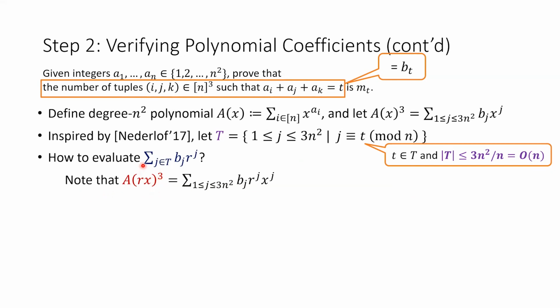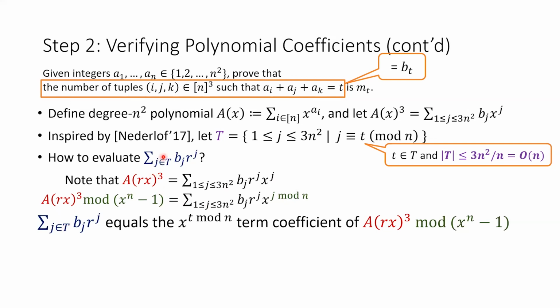Here, let's observe that if we consider a of r times x cubed, then this is going to multiply an extra r to the j factor to every term in this polynomial. Now, if we mod x to the n minus 1, then we can reduce the exponent on x from j to j mod n, which means that we merge all the terms that have the same x exponent mod n.